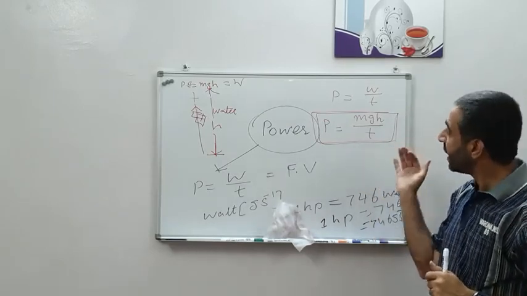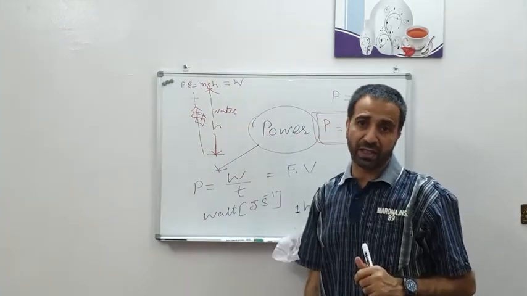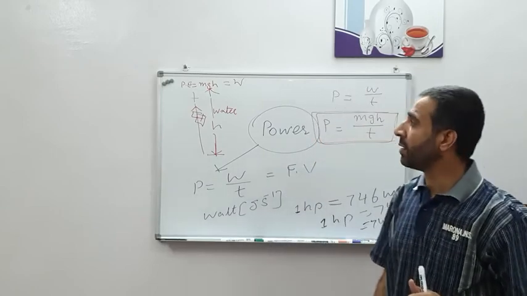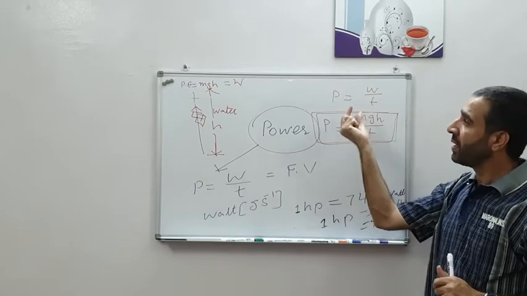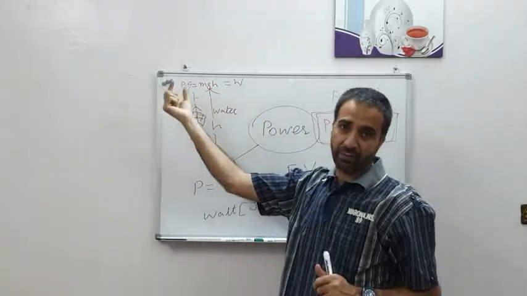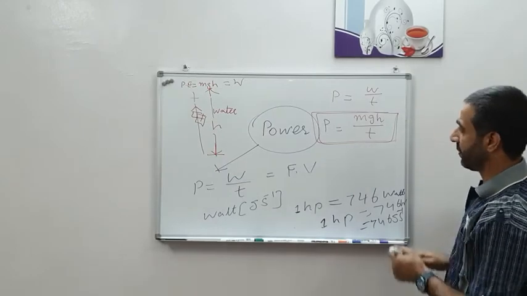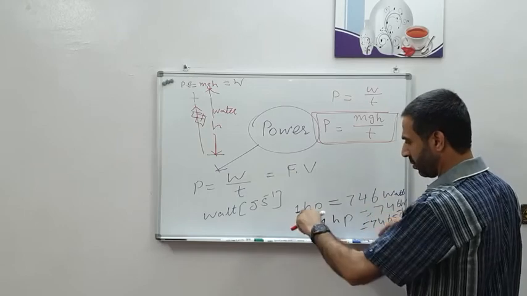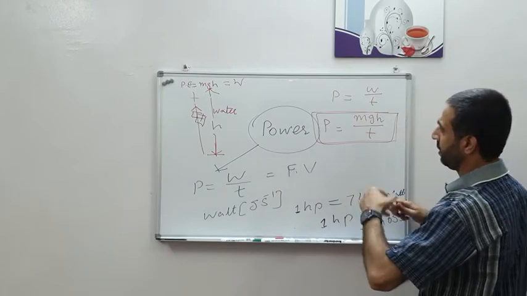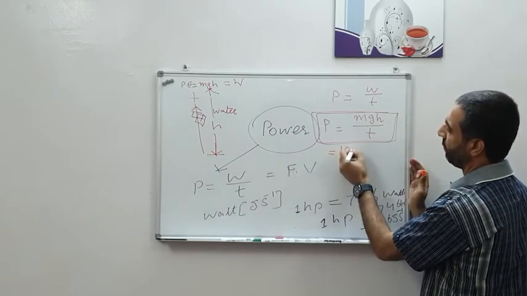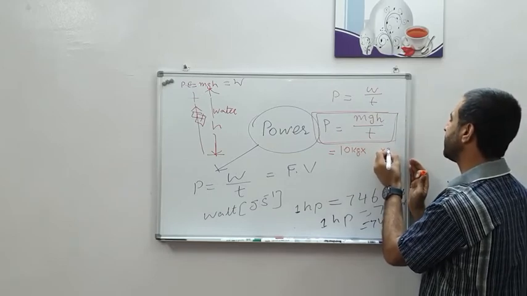The power of your water pump all depends on the time taken, that is, in how much time you want the given mass of water to be lifted to the top of the building. It depends on how much capacity your water tank has. For example, you want to lift 10 kilogram of water to a height of 30 meter.